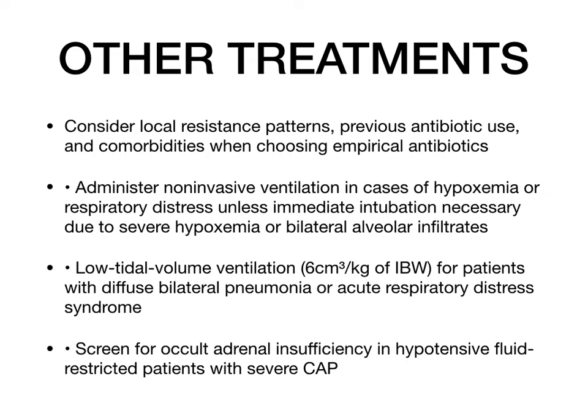Patients may need non-invasive ventilation in case of hypoxemia or respiratory distress unless they are getting intubated and mechanical ventilation. We prefer low tidal volume ventilation for patients with diffuse bilateral pneumonia or acute respiratory distress syndrome. Patients need to be screened for occult adrenal insufficiency in hypotensive, fluid-restricted patients with severe community-acquired pneumonia.